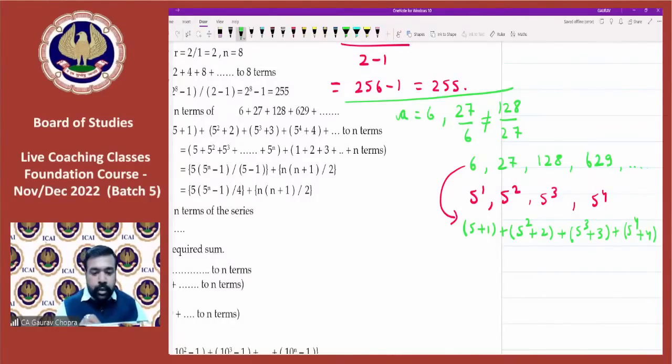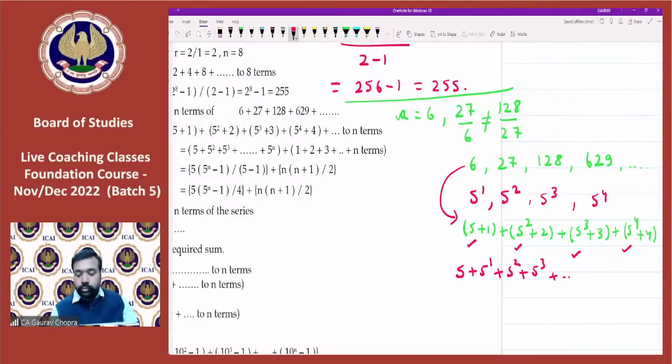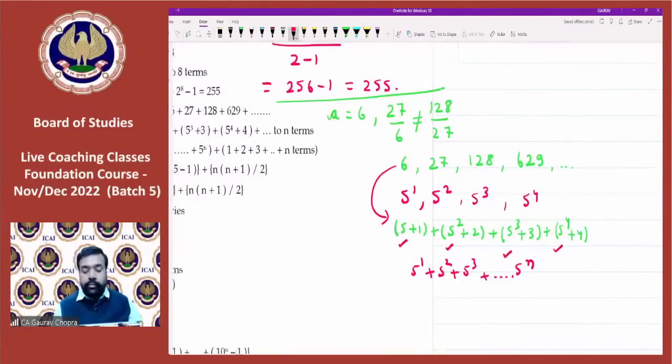We can pick all the 5s first. Let us pick 5, 5 square, 5 cube, 5 to the power of 4. So 5 to the power of 1, 2, 3, and so on, up to 5 to the power of n.